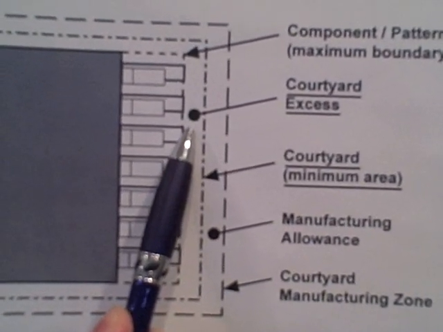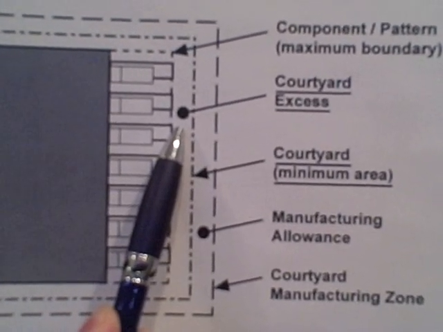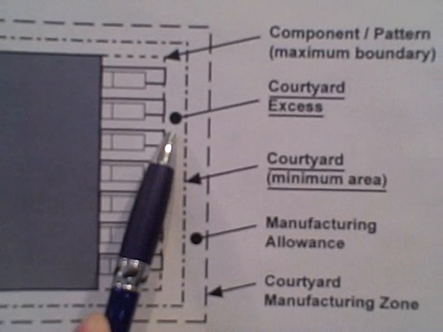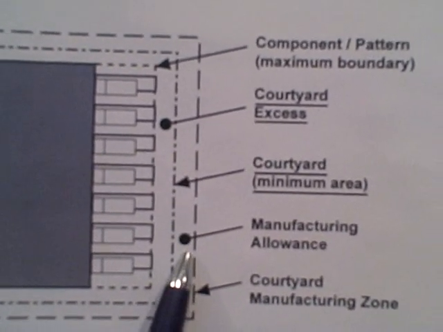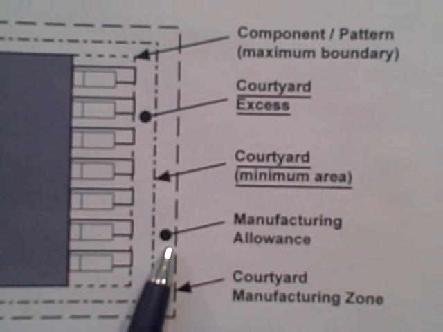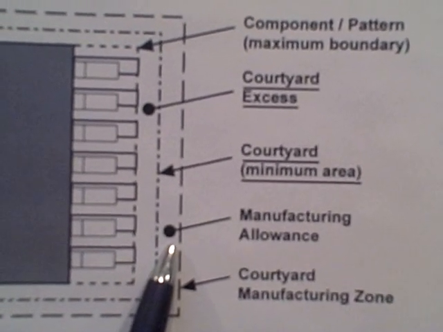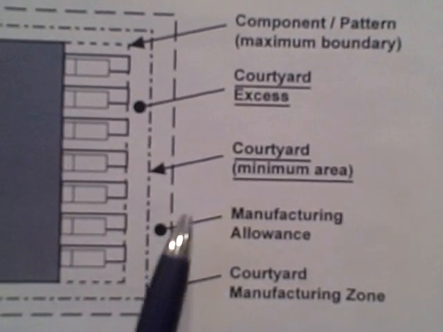The courtyard excess actually incorporates the minimum electrical clearance values described in IPC-2221. In addition, the courtyard also includes a manufacturing allowance zone. This manufacturing allowance zone basically incorporates tolerances in the fabrication of the printed board, such as registration.